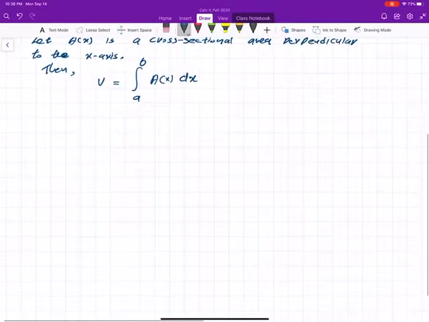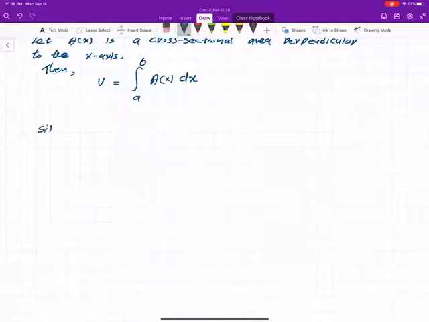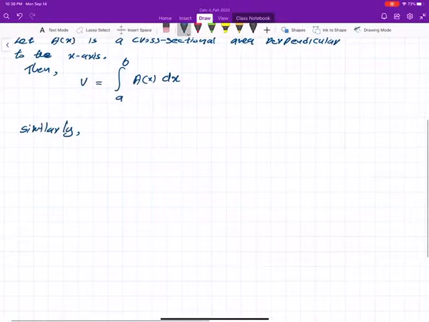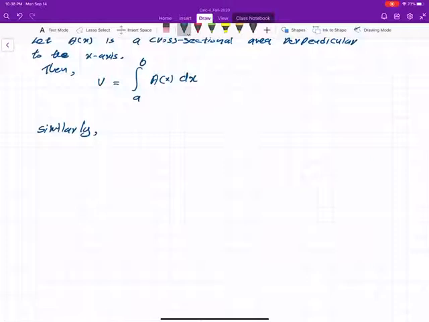Similarly, you could consider another two cases.